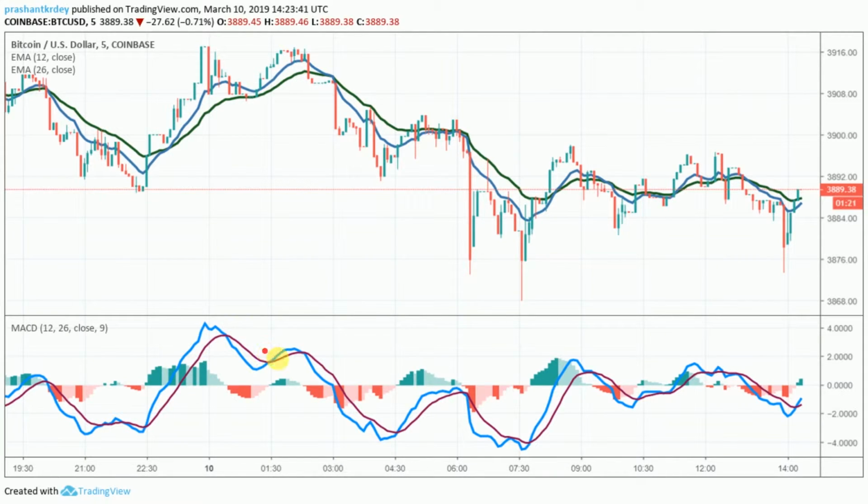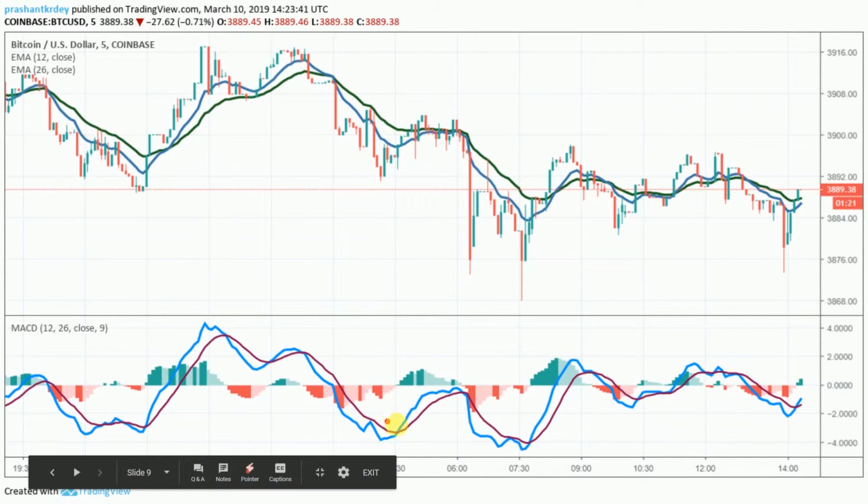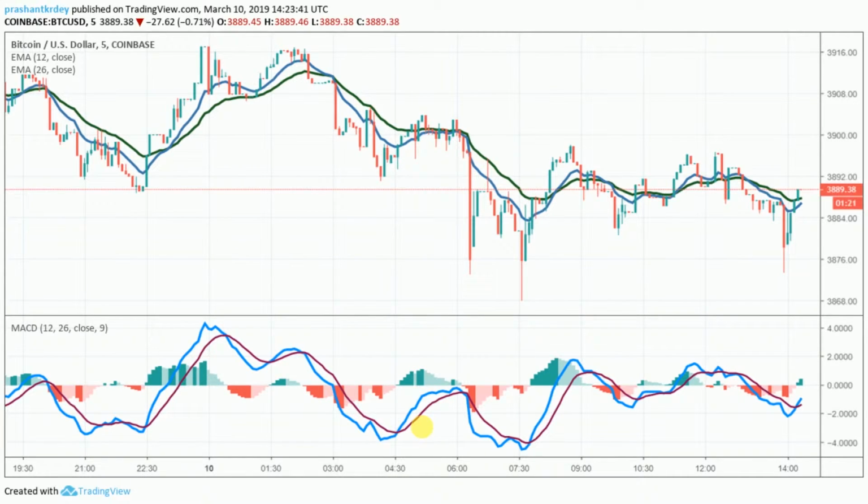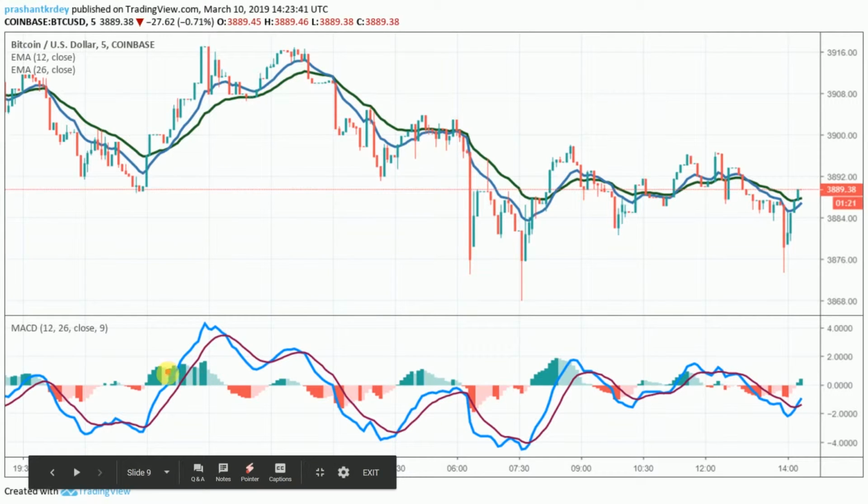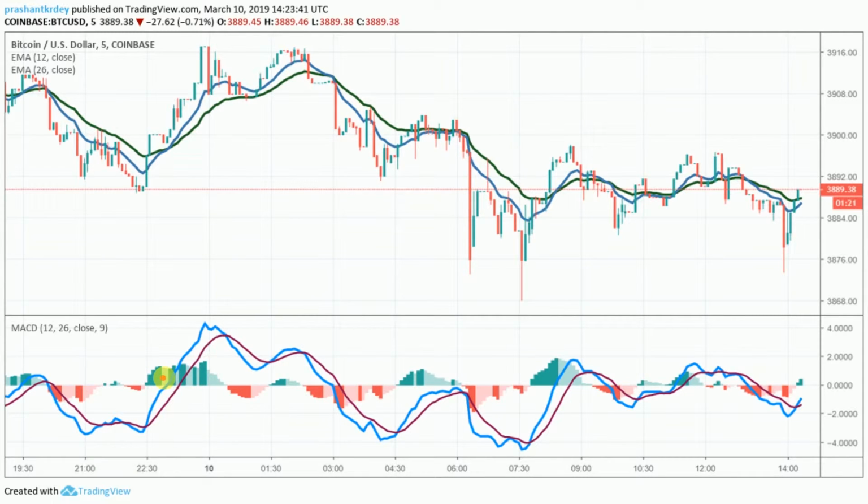This signal line is the 9 EMA, which is the default and standard setting. If you just make a MACD line, these are the default settings, 12, 26 and 9 as the signal line. And these charts that you are seeing, the green ones and the red ones, are called histograms. I'll explain each and everything one by one.